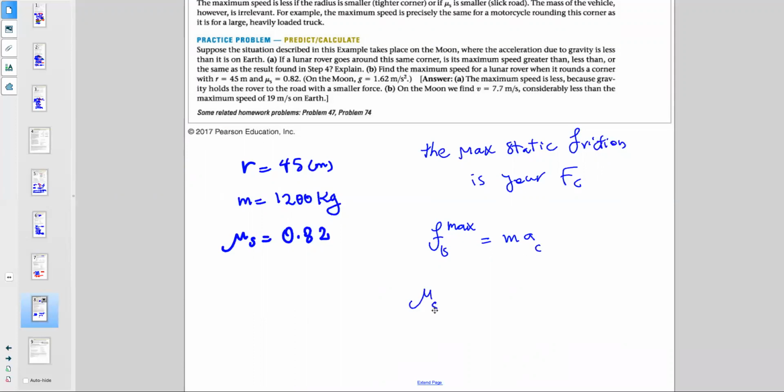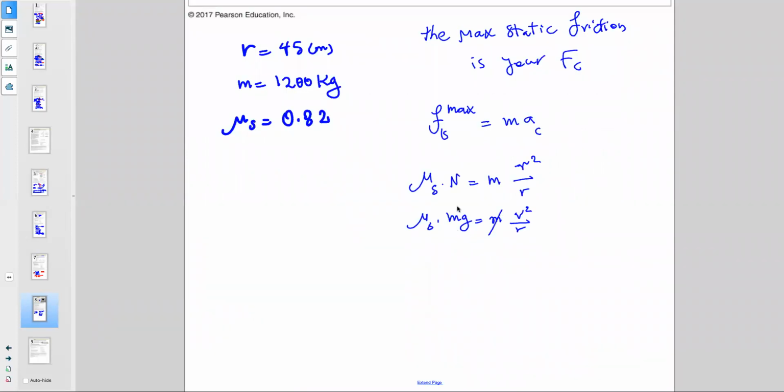So mu s times N equals m times centripetal acceleration, which is v squared over r. You remember from the chapter video. Okay, so mu s times N, which is mg, equals m v squared over r. So it doesn't matter what mass you have. This mass and this mass will cancel out. So mu s times g is v squared over r. Okay, mu s is 0.82.